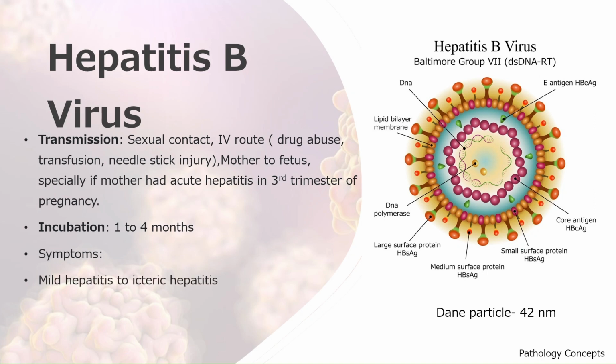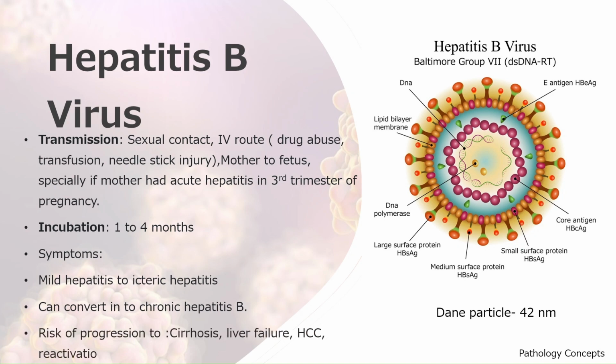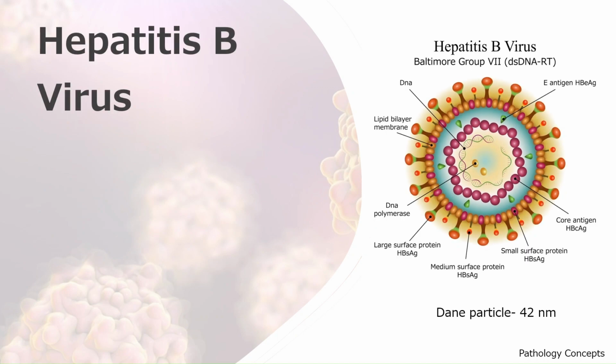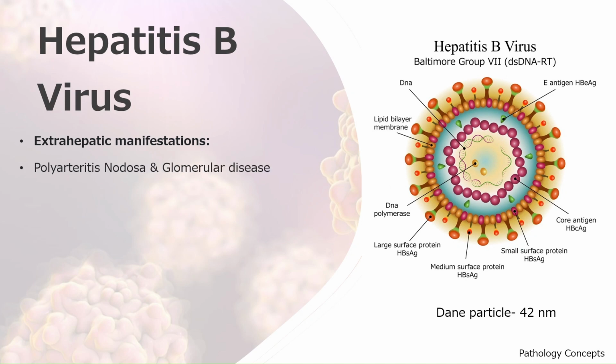Symptoms range from mild hepatitis to icteric hepatitis, and it can convert into chronic hepatitis B. The risk of progression to cirrhosis, liver failure, HCC and reactivation is very high. Extrahepatic manifestations include polyarteritis nodosa and glomerular disease.